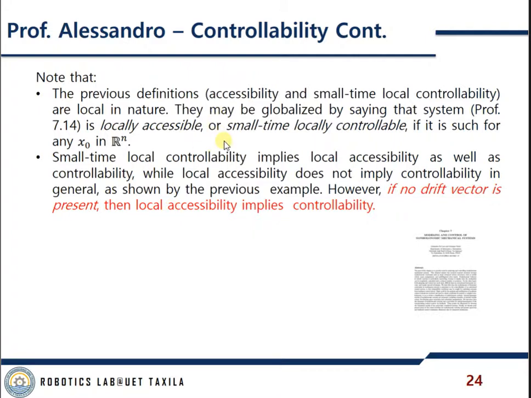So if a system is small time locally controllable, it is accessible as well as controllable. But if it is locally accessible, it does not mean it's controllable. It's kind of the same concept, observable and controllable. However, if no drift vector is present, then local accessibility implies controllability. So if the system is driftless, local accessibility means controllability as well.